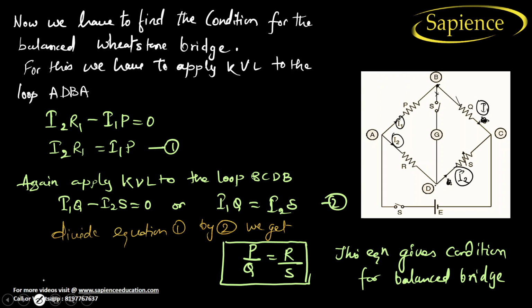So from here we have already got this equation. Now again apply KVL to the loop BCDB. So this is your current I1, right? And this is current I2. This is current I1, this is current I1, and this is current I2.